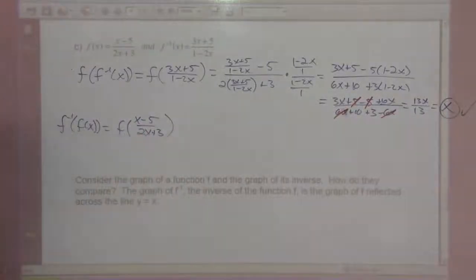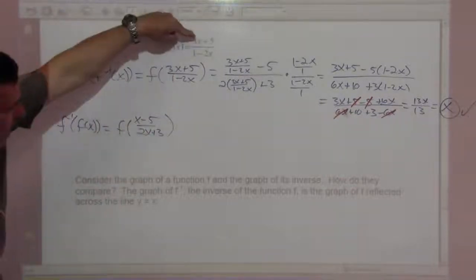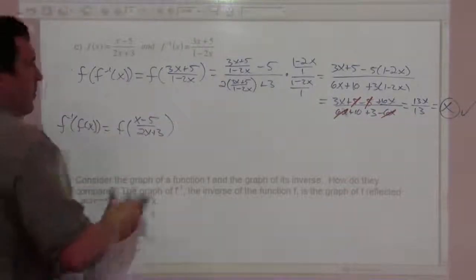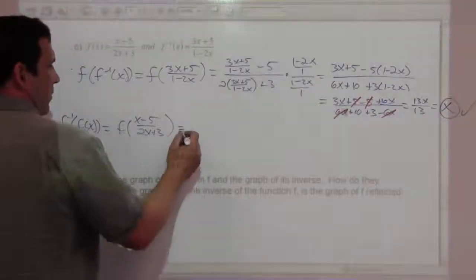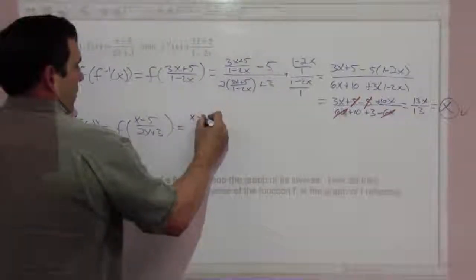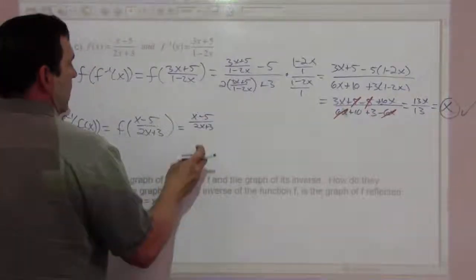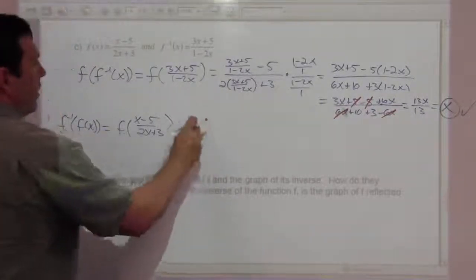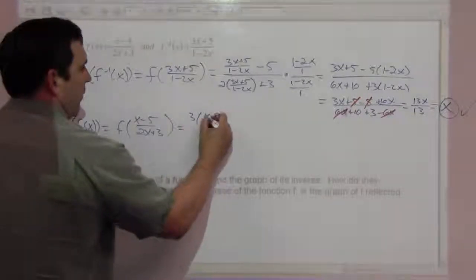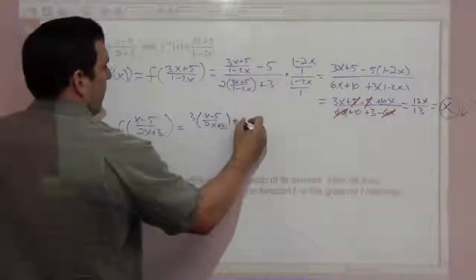In the second case, we're going to be putting this x minus 5 over 2x plus 3 in place of the x up here and down there. So it's going to be 3 times x minus 5 over 2x plus 3, plus the 5.